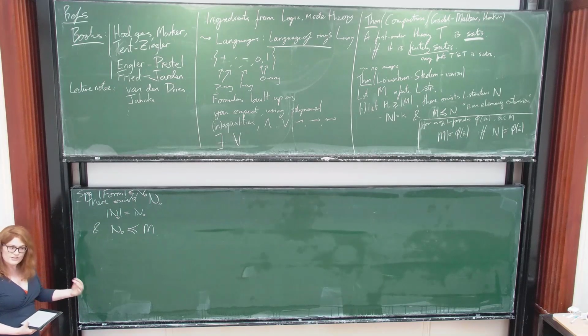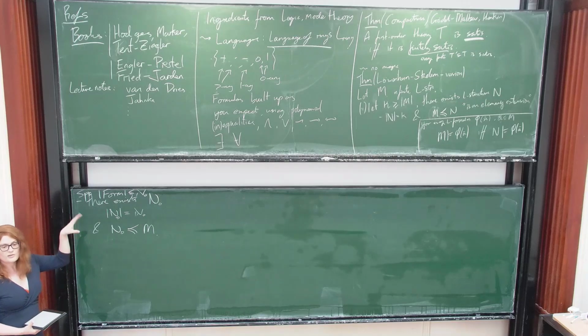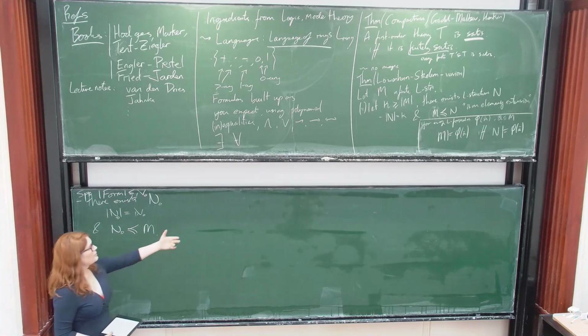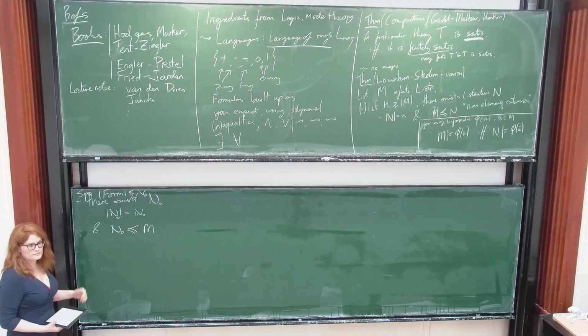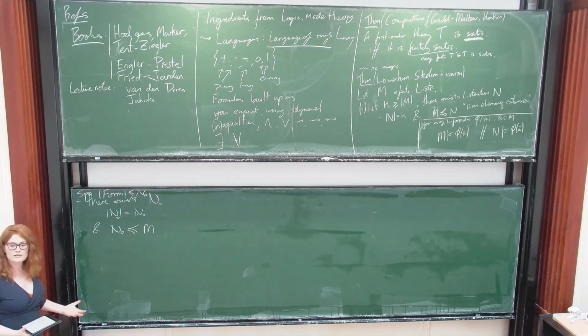So that says the kind of opposite thing. If we're only interested in theories, and we're in a countable language, we might as well assume we've got a small model. That's often another useful kind of trick.